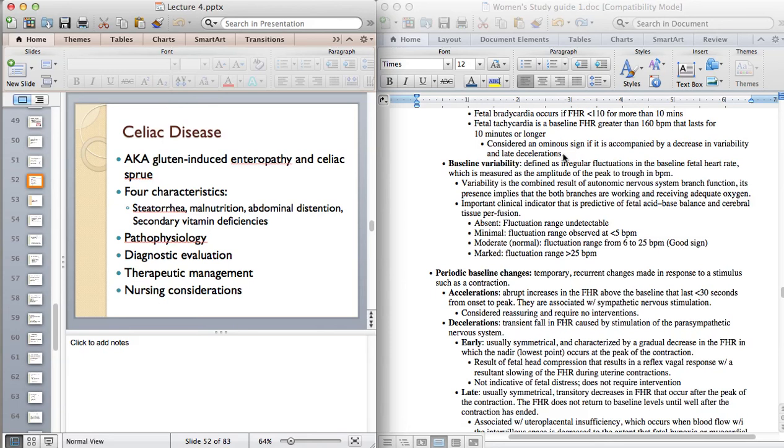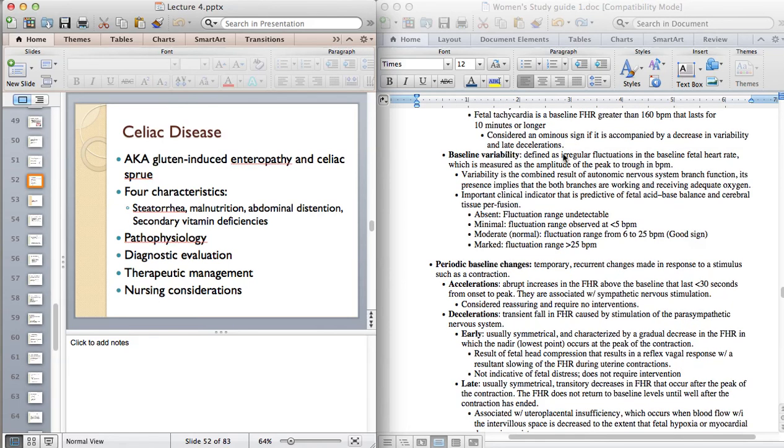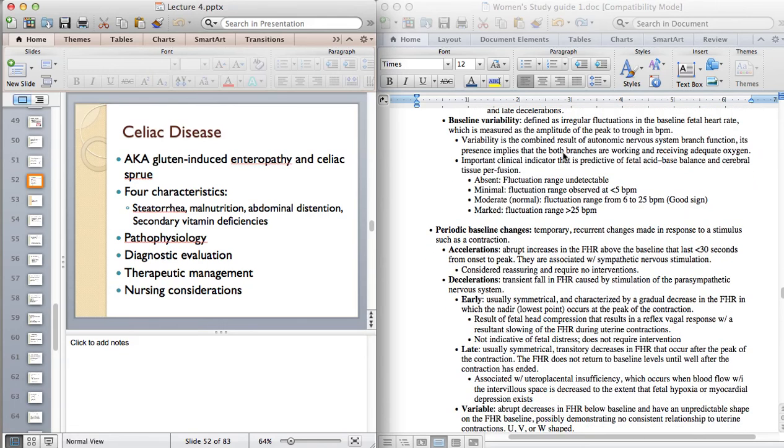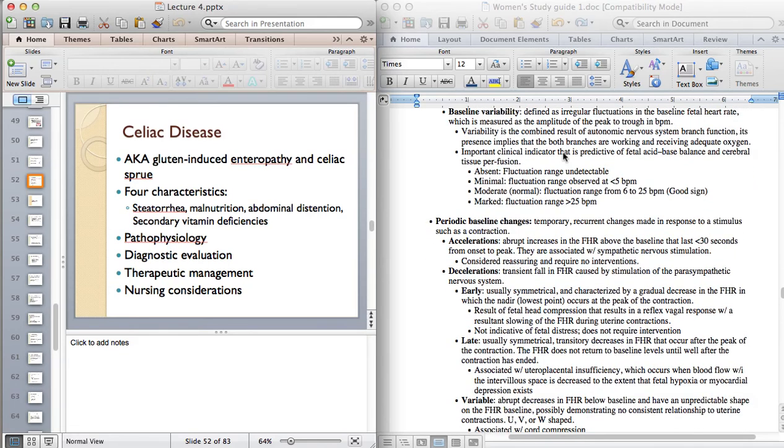The child cannot digest anything that contains gluten, and because of that, foods that contain wheat, rye, the child cannot digest. They can have rice. Rice is what they can have.